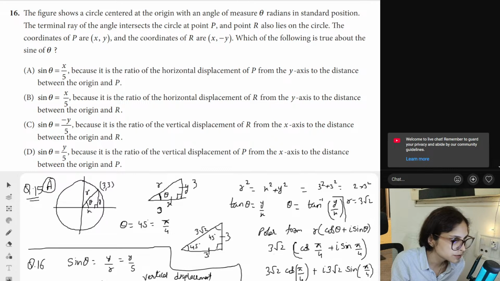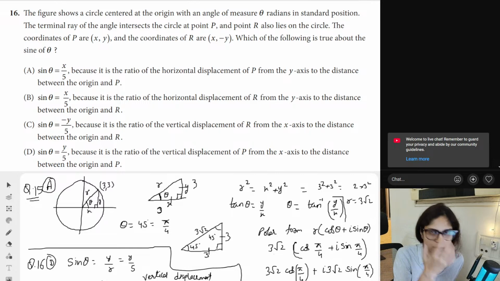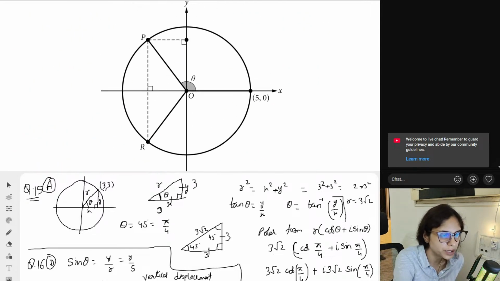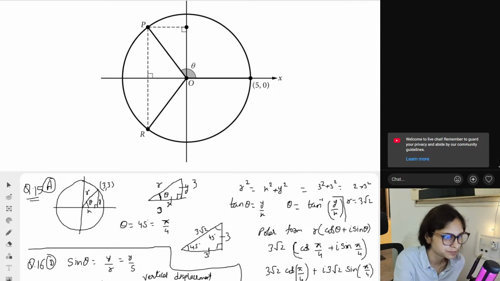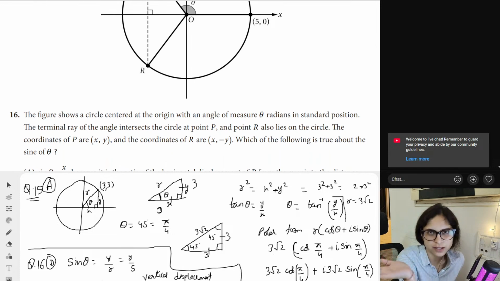So this is the distance between origin and P, and this is the vertical displacement from the x-axis. So option D. It's not negative y over 5, because the coordinate points of P are x comma y, and theta is going from the positive x-axis to point P.